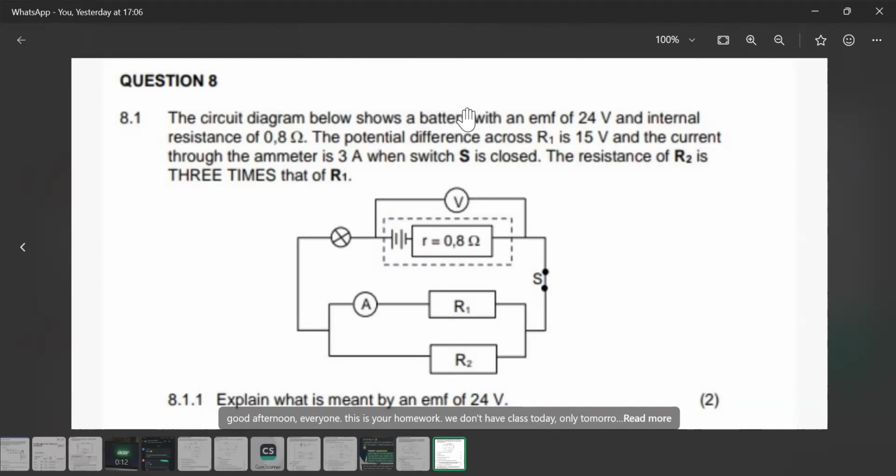Now the question is, how can we calculate the total current if we don't know the total resistance? That is a very, very good question. We don't know the resistance of the bulb. So how then can we find the total current? Well, it's very easy.